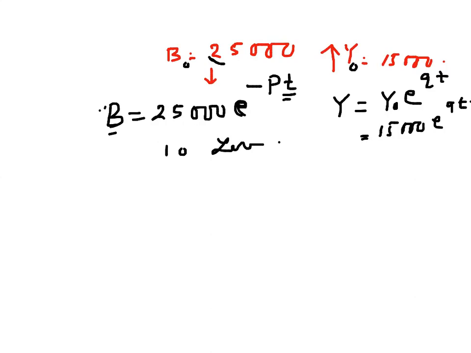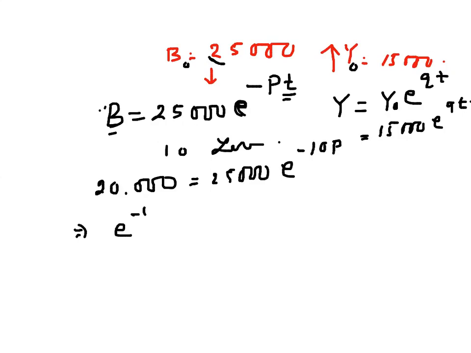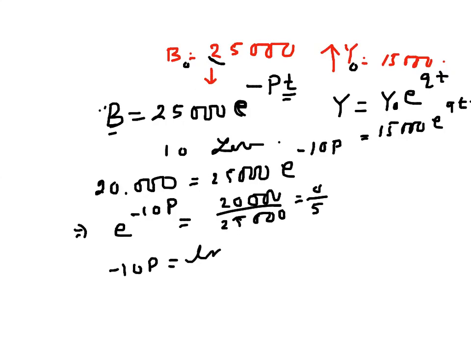From this information we can do this: 25,000 e to the power minus 10p. So our equation becomes e to the power minus 10p equals 20,000 over 25,000, which is actually 4 over 5, and if we take ln of 4 over 5, this will be a negative value because it's a fraction.